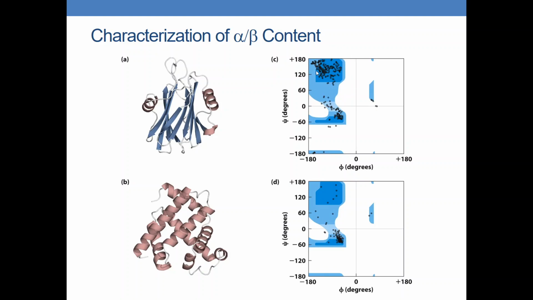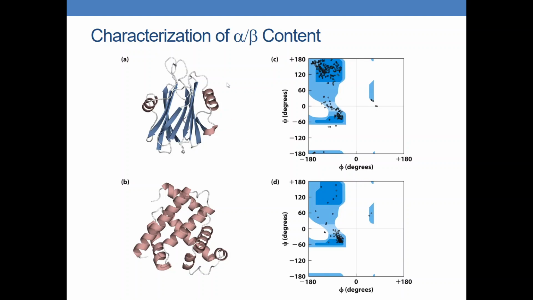Your alpha helix is going to show up in your third quadrant down here. So if you look at clustering, and there are a lot more data points up here in your second quadrant, you're going to have more beta content than alpha.